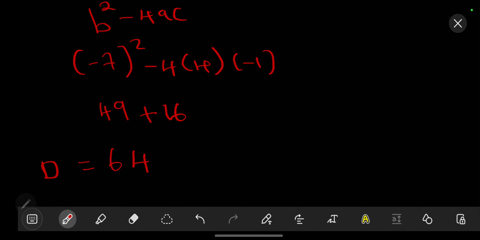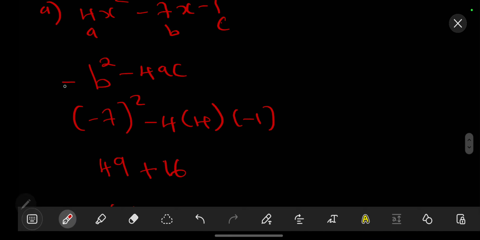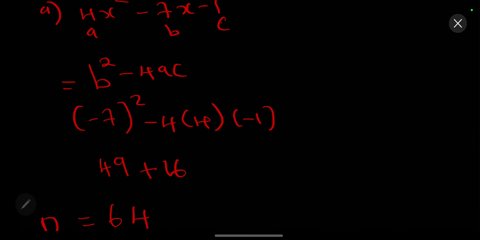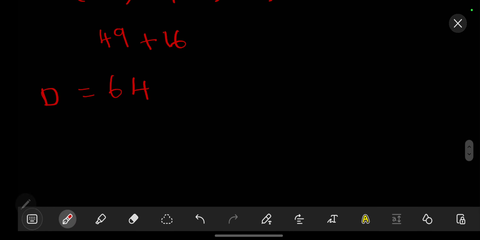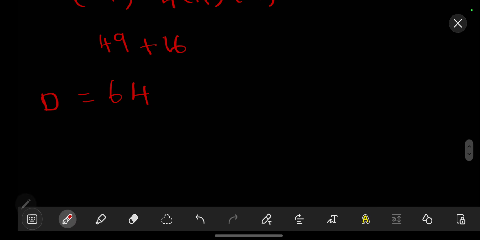Now this one is our discriminant. The discriminant is the value b squared minus 4ac. Sorry, not 64. 16 plus 49 gives us 65. So our discriminant is equal to 65.